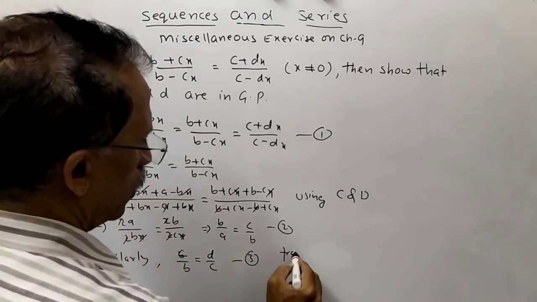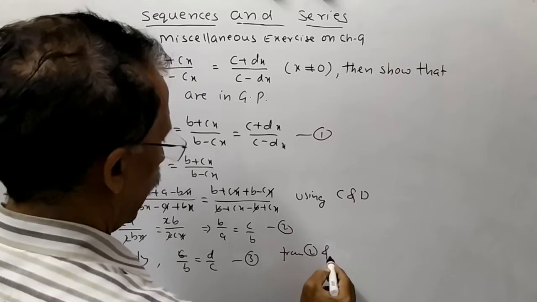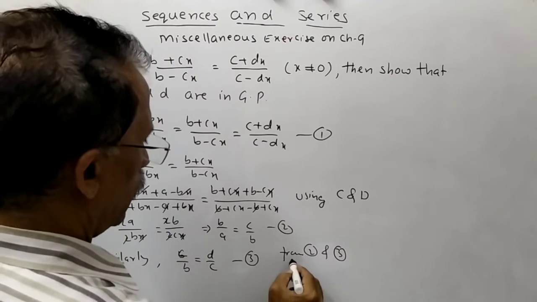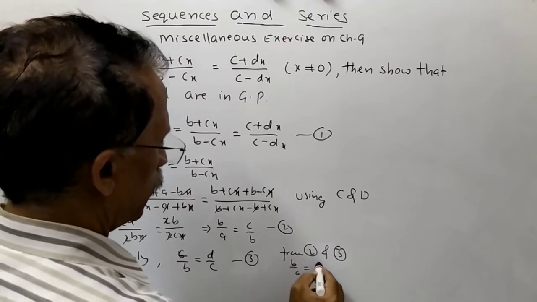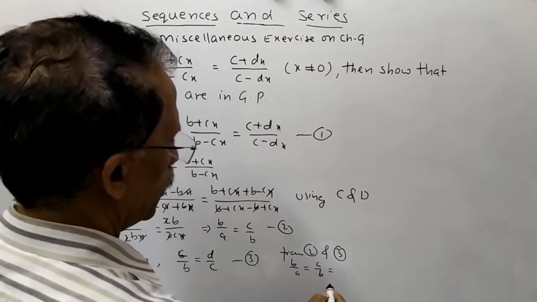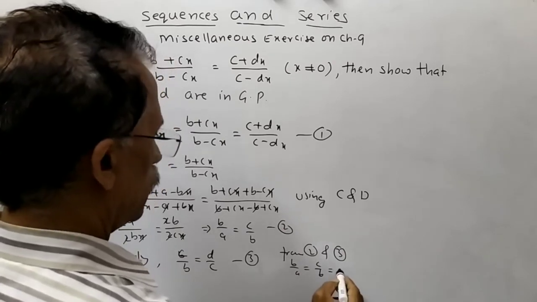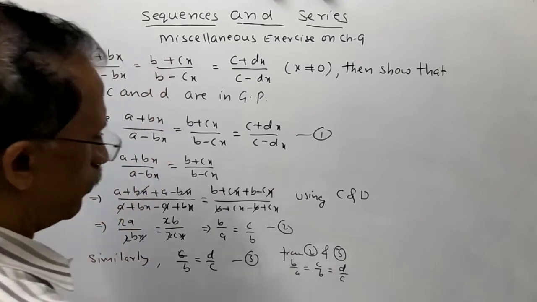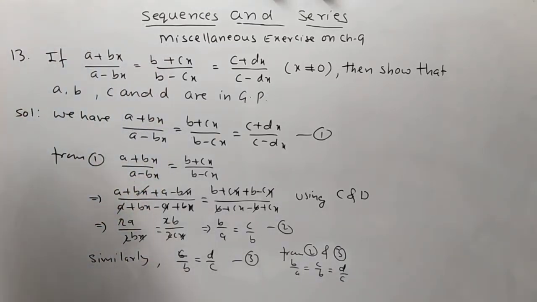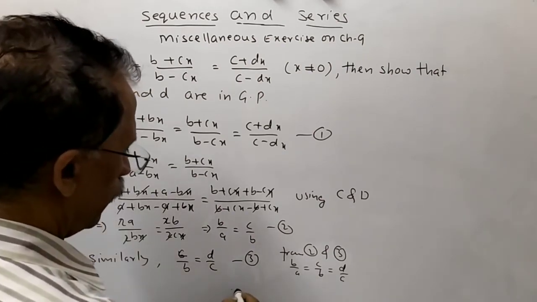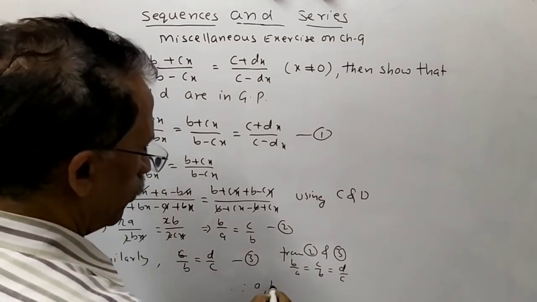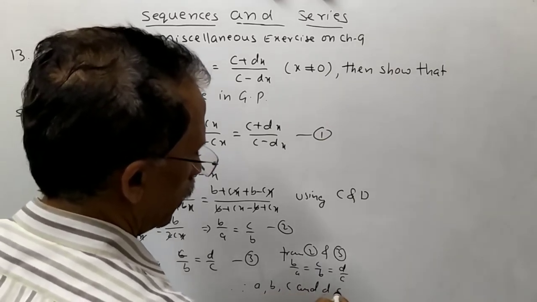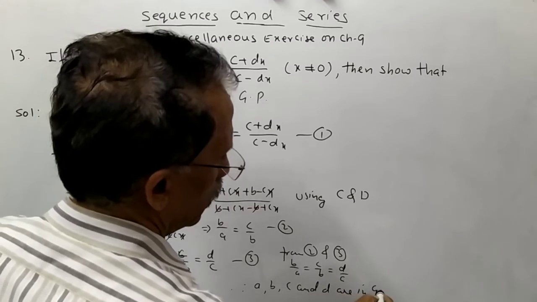From 2 and 3, b by a is equal to c by b is equal to d by c. Therefore, a, b, c and d are in GP.